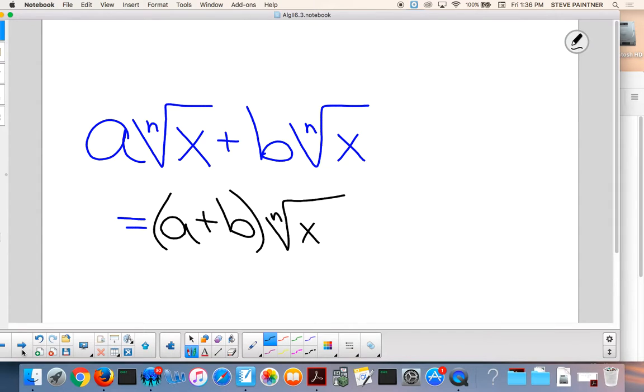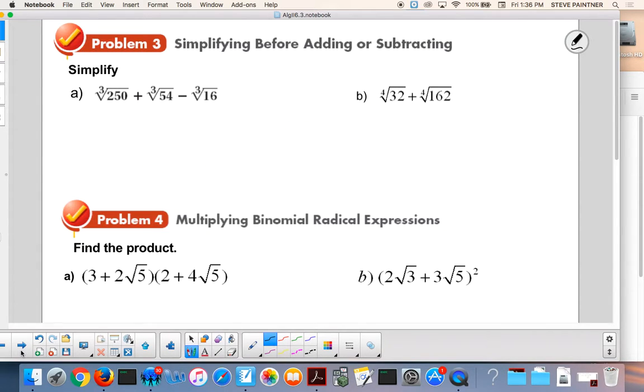Let's go to this page right here. Okay. You are going to add and subtract again. Kind of curious what you're thinking about A. You see that you're going to add, then you're going to subtract radicals.